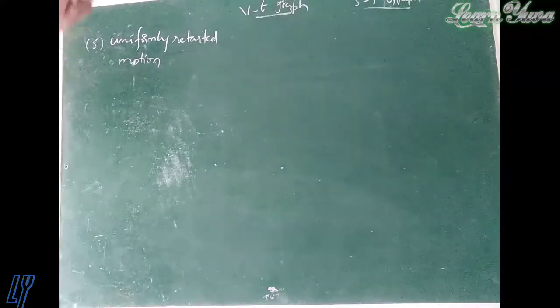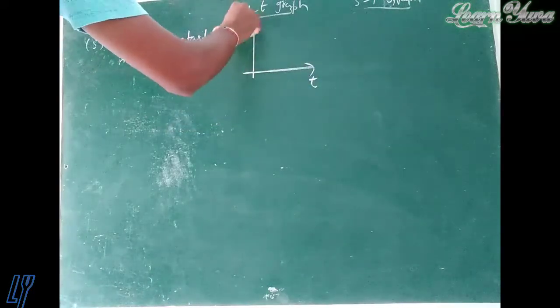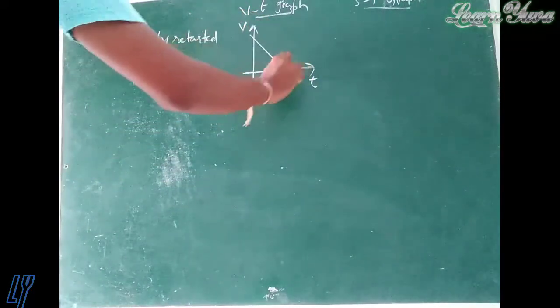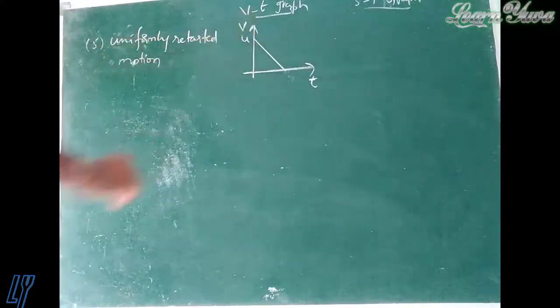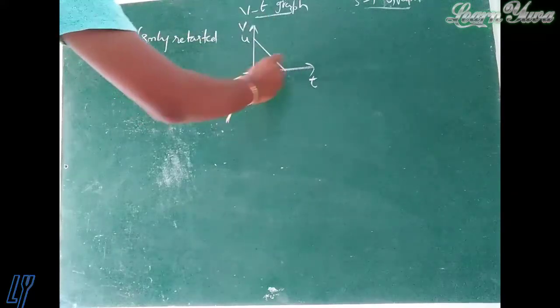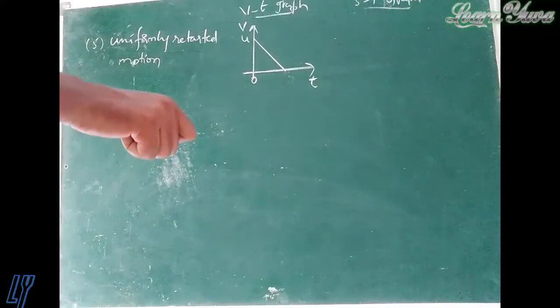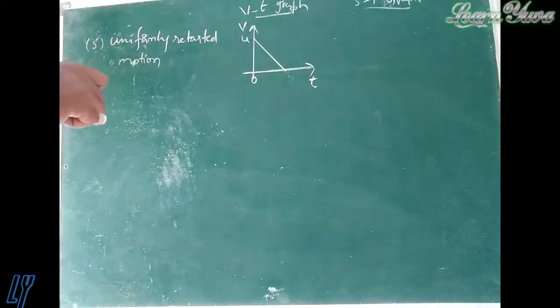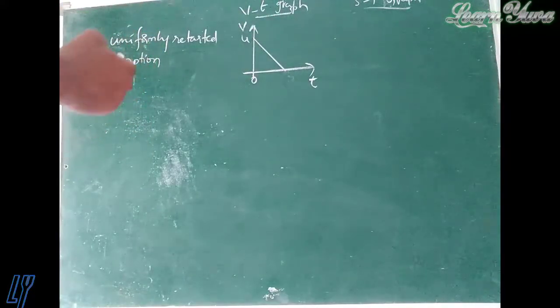Initially it has some velocity u, because the velocity goes on decreasing when the time goes on increasing. Suppose you are traveling on your bike with some velocity. Suddenly if you want to stop the vehicle, your velocity should decrease. That is a uniformly retarded body.